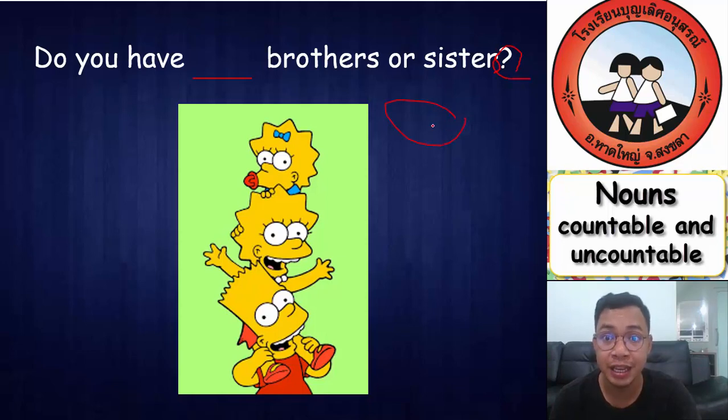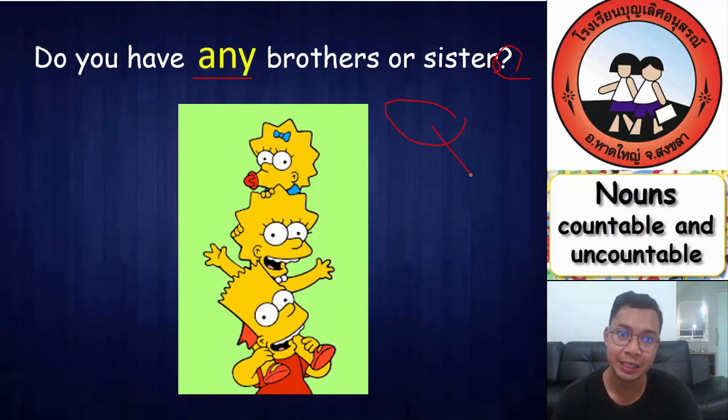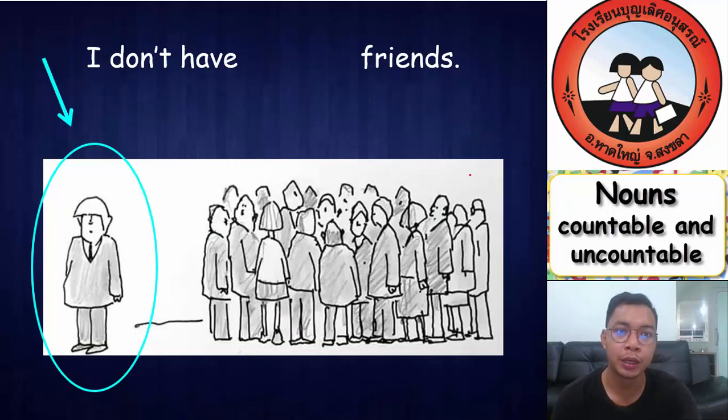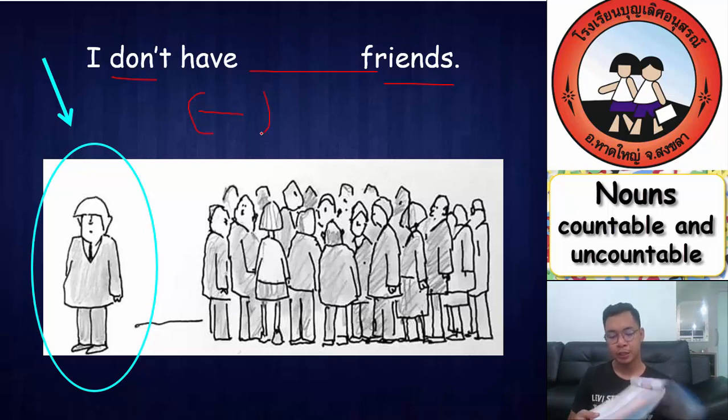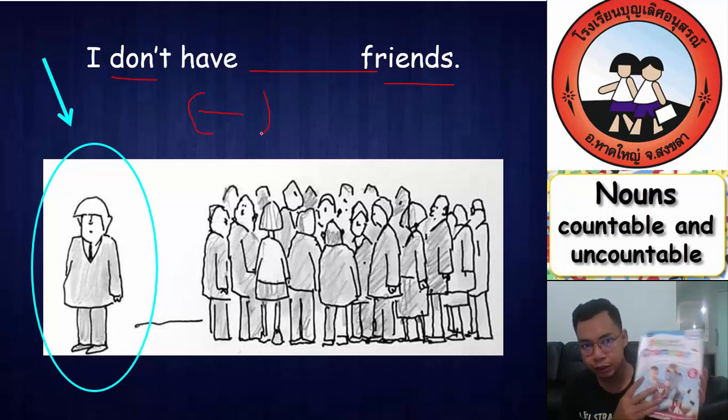It's obviously a question sentence, so we use any. Do you have any brothers or sisters? Right? Last one: I don't have blank friends. Don't makes it a negative sentence, so we use any. I don't have any friends. Right? Okay.